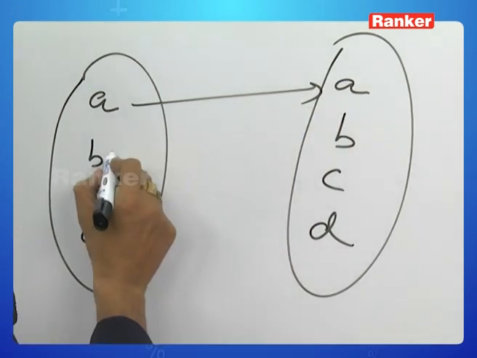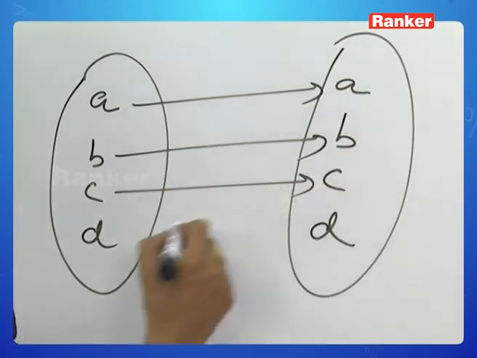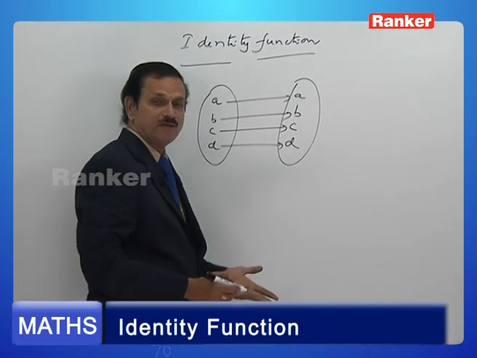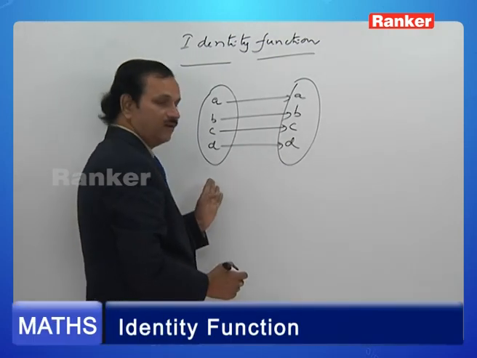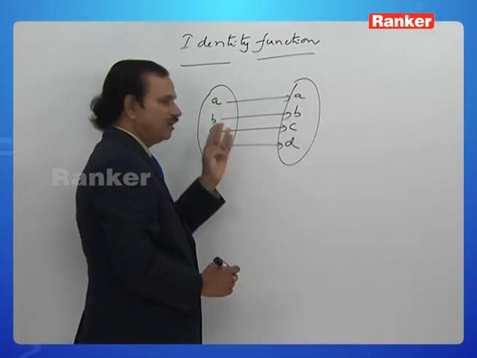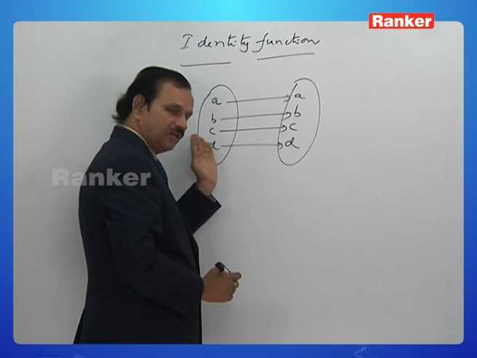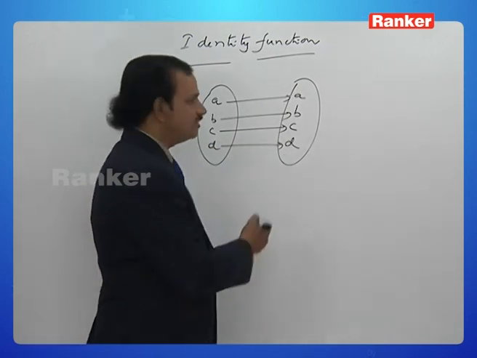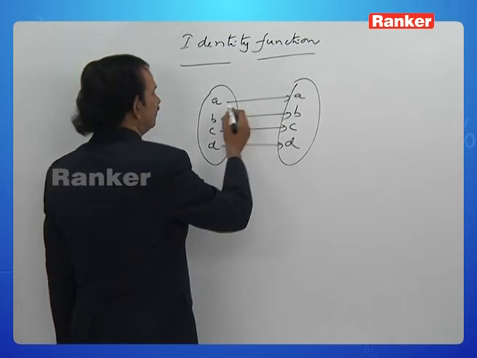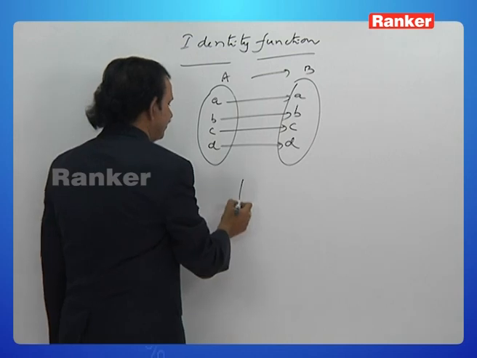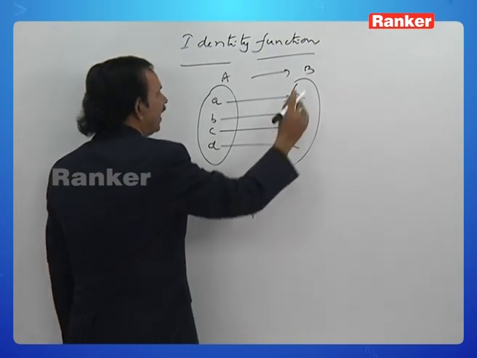Image of A is A, image of B is B, image of C is C, image of D is D. It is nothing but the mirror image. If the set stands before a mirror, image of A occurs as A itself, image of B as B, image of C is C, image of D is D. As a mirror image function, this is termed the identity function, and it is denoted by IA.